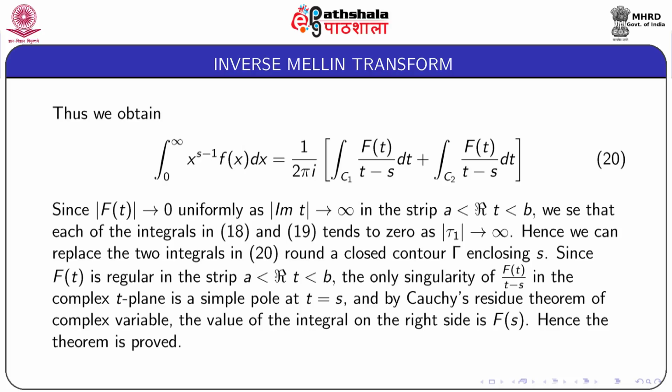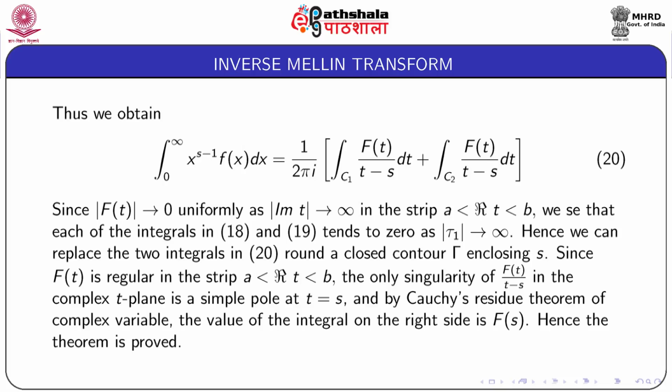Since capital Ft is regular in the strip a less than real part of t less than b, the only singularity of the integrand in 20, that is Ft by t minus s in the complex t plane, is the simple pole at t equal to s.